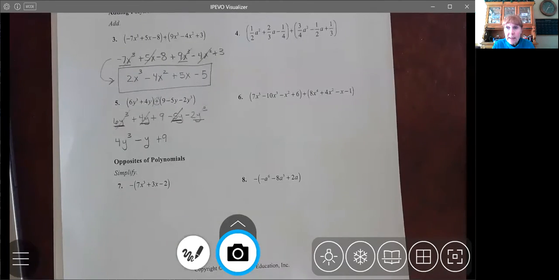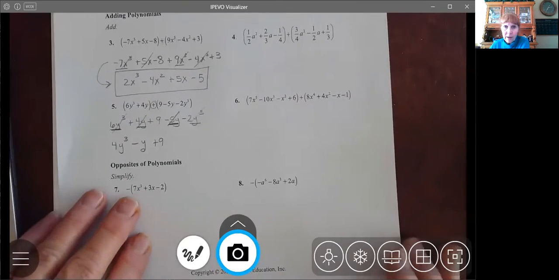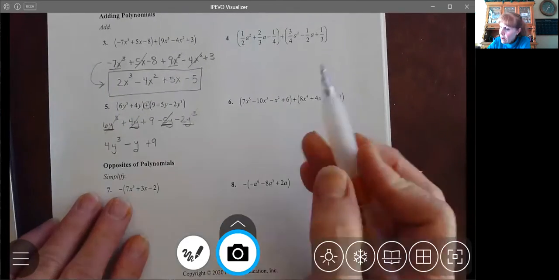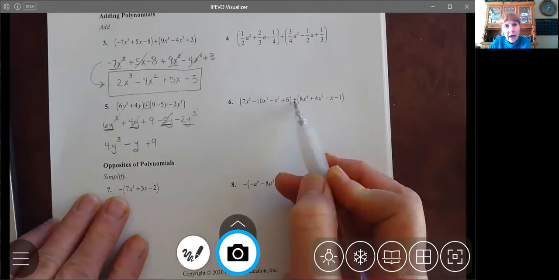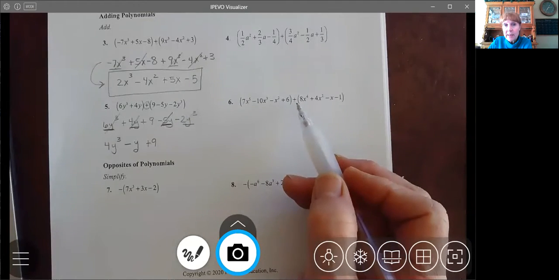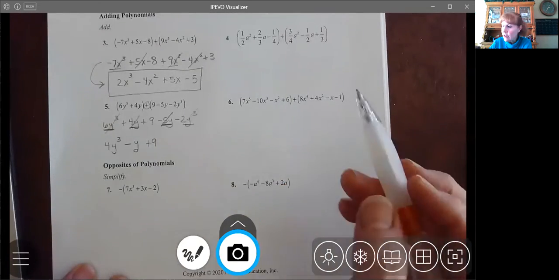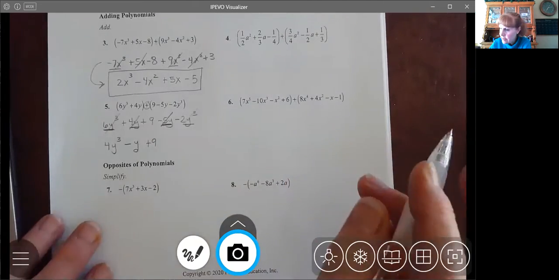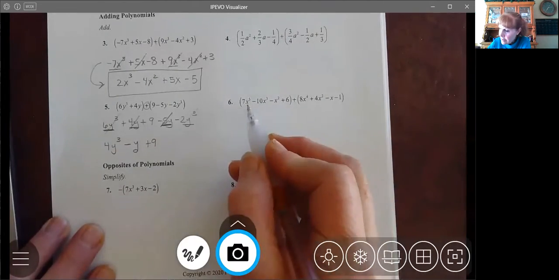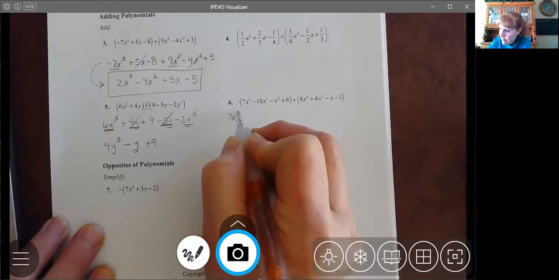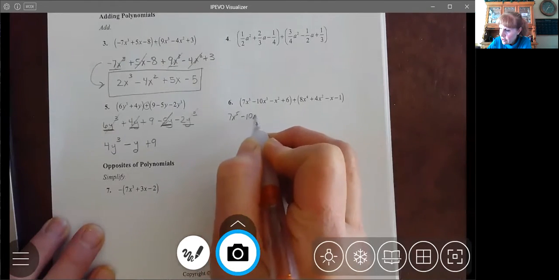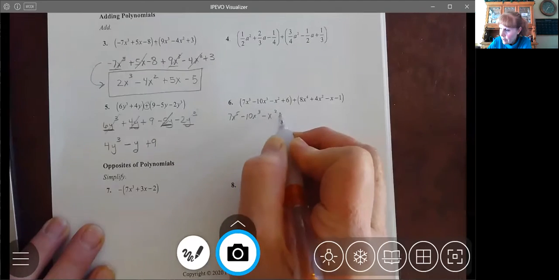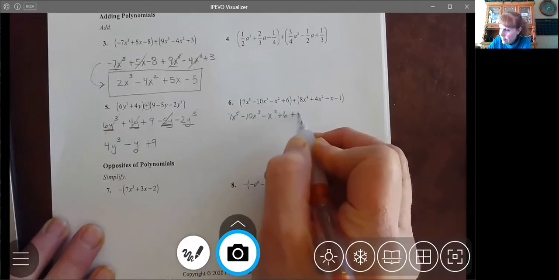Let's go ahead and do number 6, just in case some people are a little confused still. Because it's a plus sign, I can just drop the parentheses and start combining similar terms. In the next section, we're going to put a subtraction, which changes things. So I've got 7x to the 5th minus 10x cubed minus x squared plus 6 plus 8x.